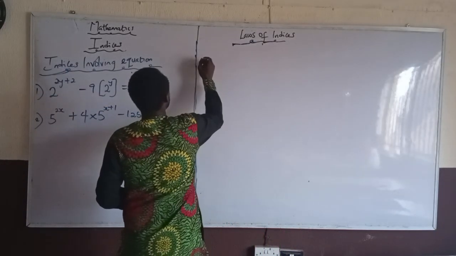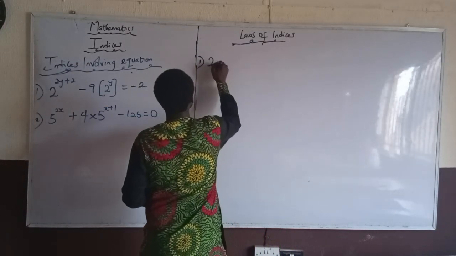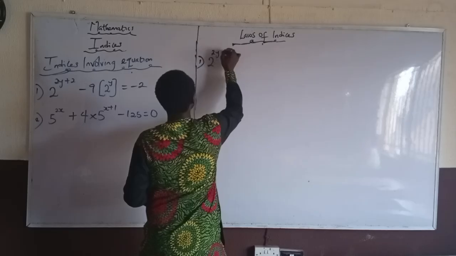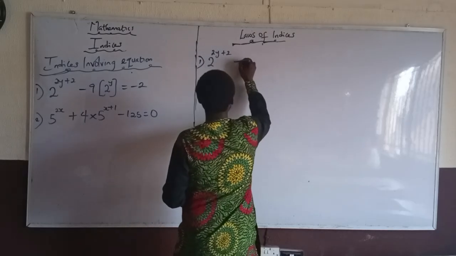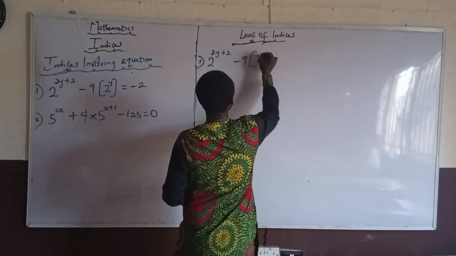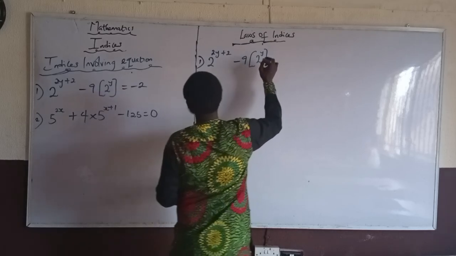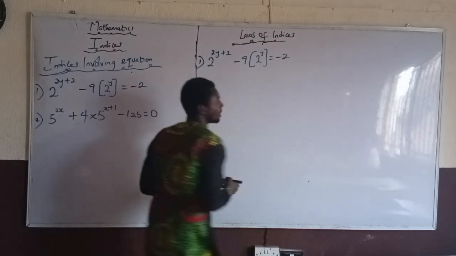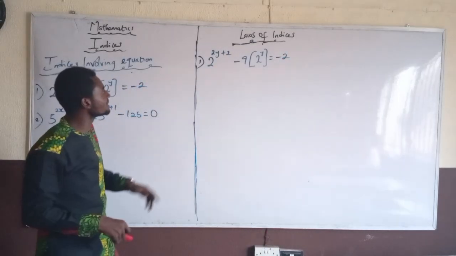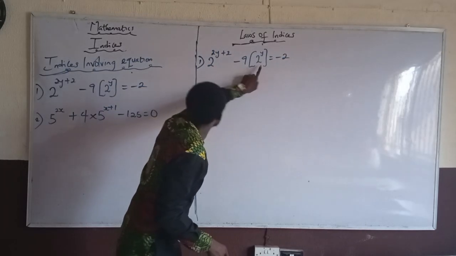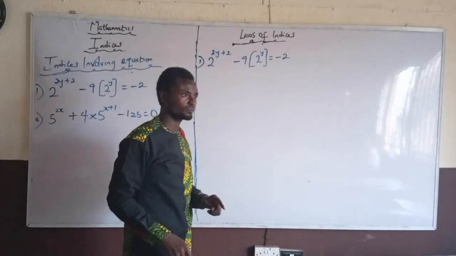Now, question 1, I have 2 raised to power 2y plus 2 minus 9 times 2 raised to power y equals minus 2. Now, your goal is that whatever is here, the same thing appears here.